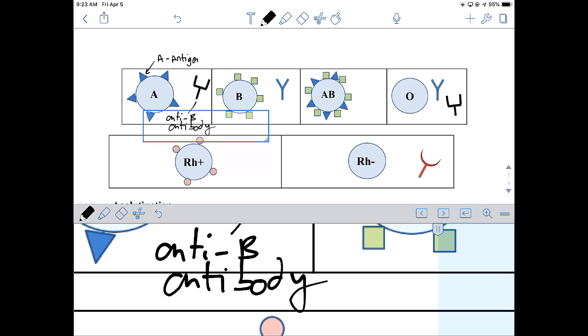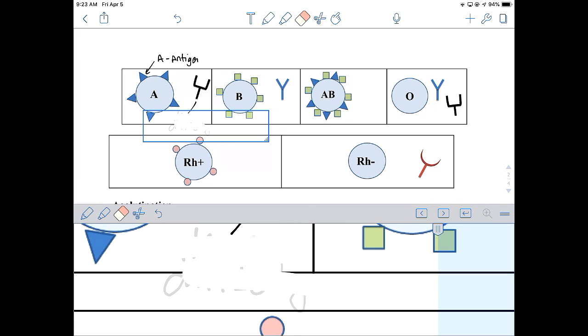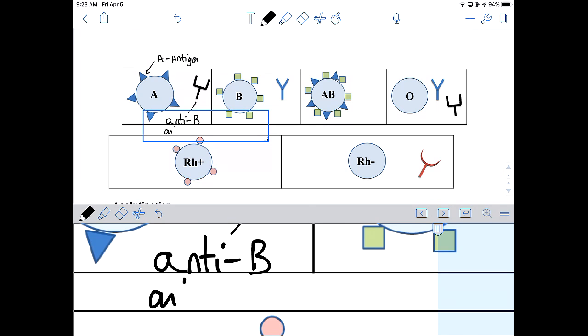It's pretty ugly. I'm going to get my pen out so I'm actually right. Let's try that one more time. So this is our anti-B antibody.